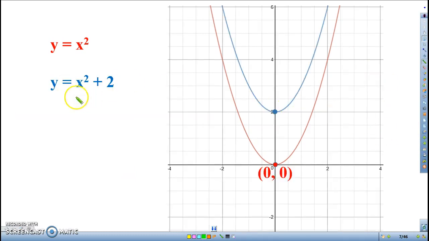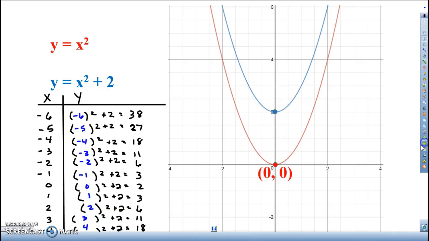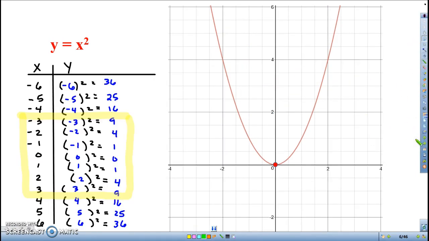Here I've got the quadratic y equals x squared plus 2. Look what happened here. Adding 2 at the end moved my vertex up 2. Here's my chart, or my list of ordered pairs that goes with the blue curve. My vertex, oh, I wanted to point something else out to you also.